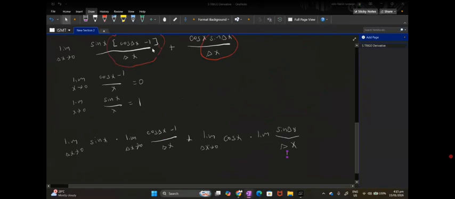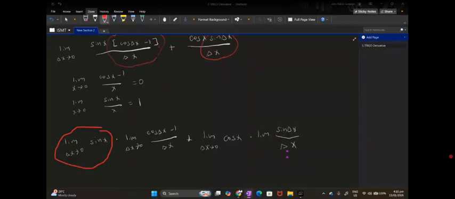In-expand lang po natin itong part na to sa taas. So, nangyari itong part, the limit of sine x as delta x approaches to 0, ito lang yon. Then, itong part, the limit of cosine delta x minus 1 all over delta x as delta x approaches to 0, ito lang din yon.